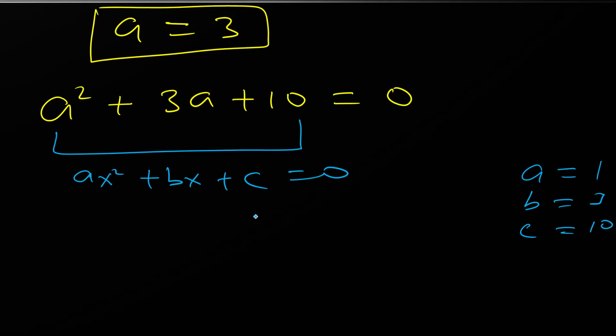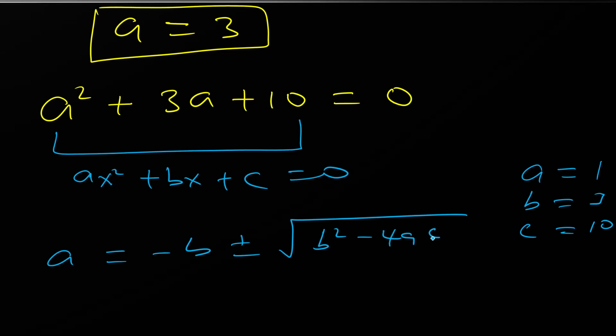Since we are conversant with the arrangements, let's move on. So we have x equals minus b plus or minus the square root of b squared minus 4ac, all over 2a.